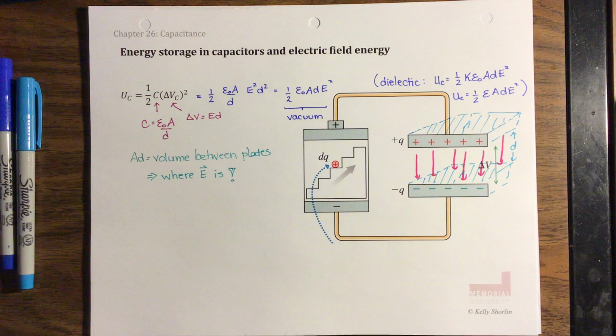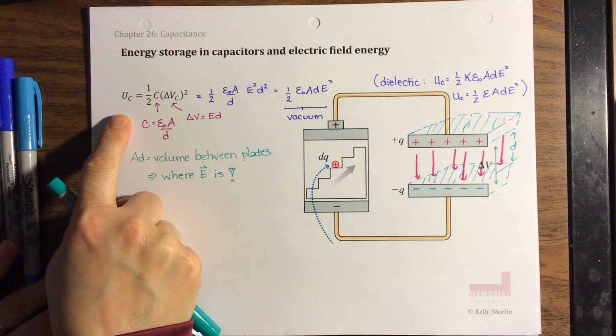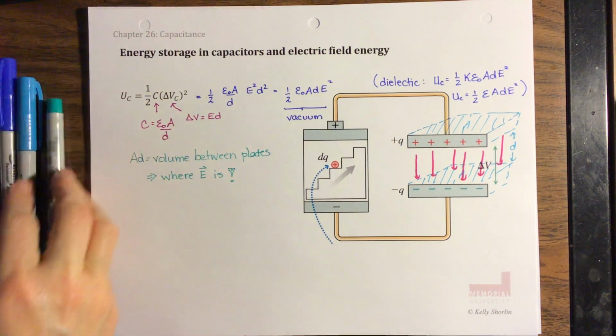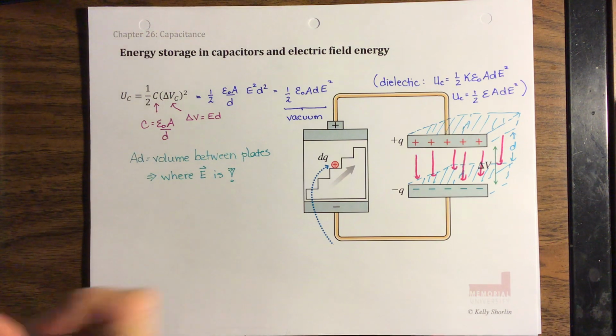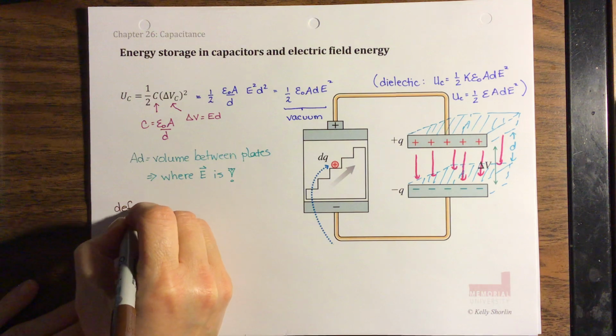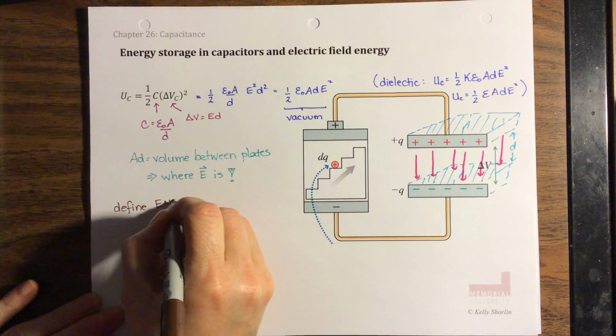Okay, so now it can be a useful result to define what's called energy density, which is the energy divided by that volume. So let's define that term. Define energy density.